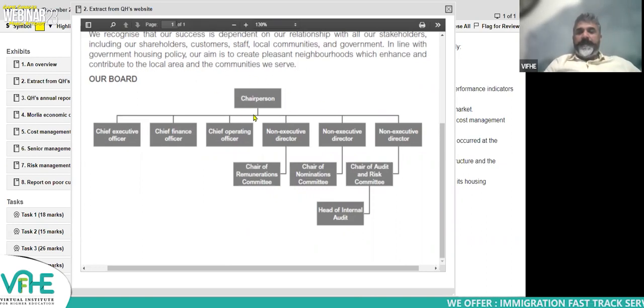There's a chairman of the board, a CEO, a CFO, a COO. Then there are non-executive directors 1, 2, and 3. There are 3 executive directors and 3 non-executive directors.